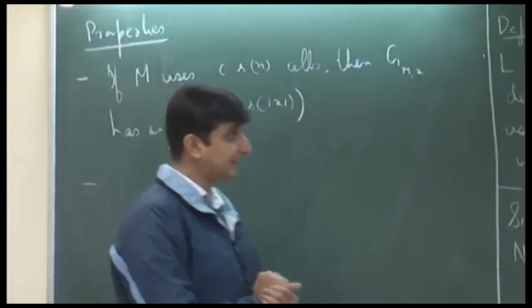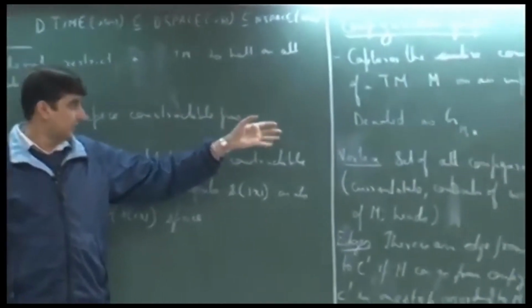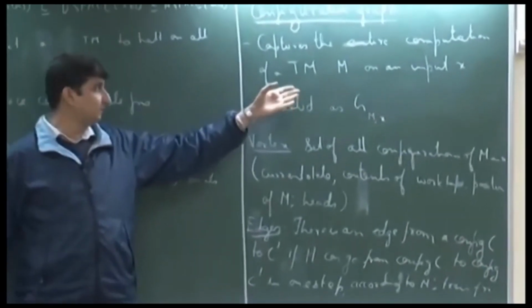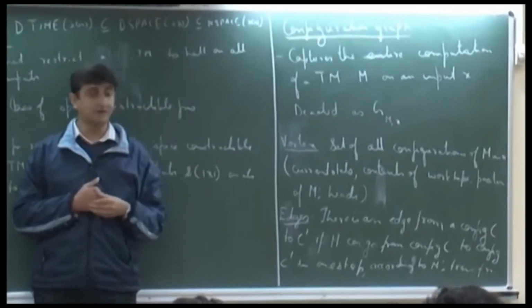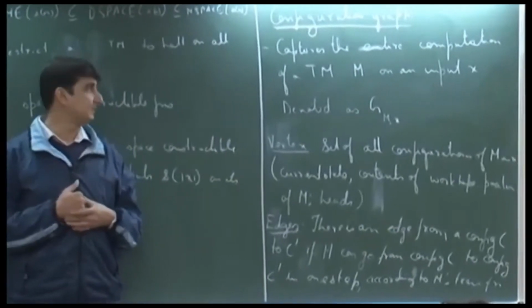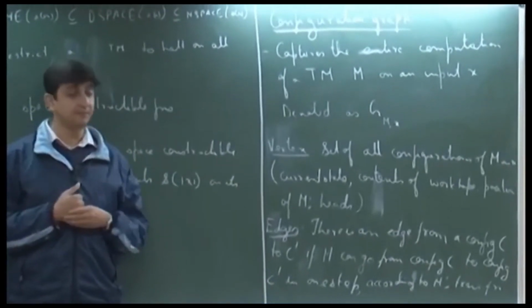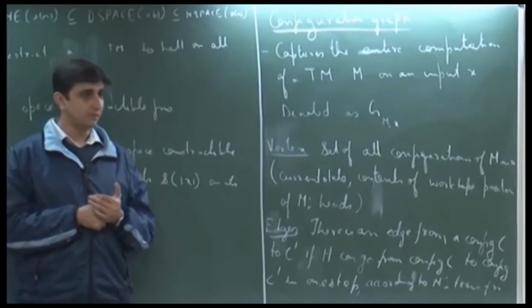Note one thing: in the definition of a configuration graph, we did not say whether M is deterministic or non-deterministic. In other words, this entire definition also carries on if M is non-deterministic.